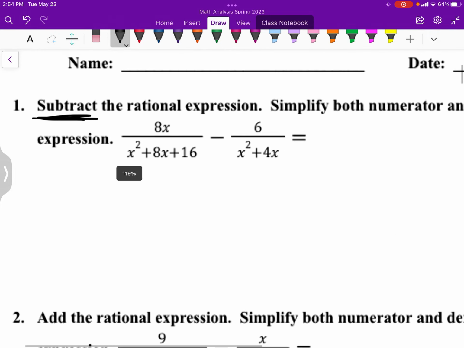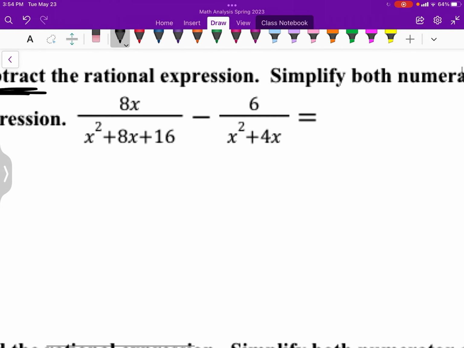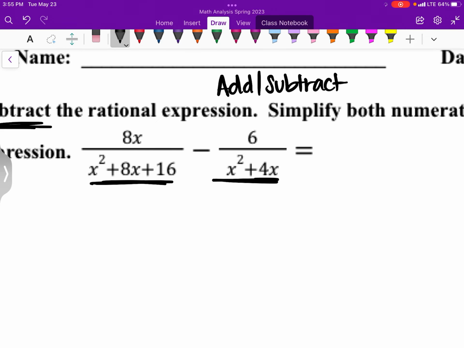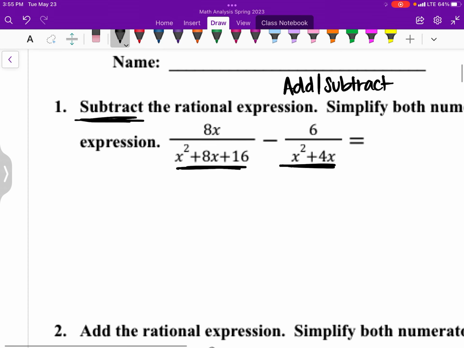So to start off, guys, this expression here is being subtracted, right? Any expression that is either being added or subtracted, we have to have the same denominator in order to combine them. If we take a look at our denominators, they're not the same, right? So we have to find an LCD.